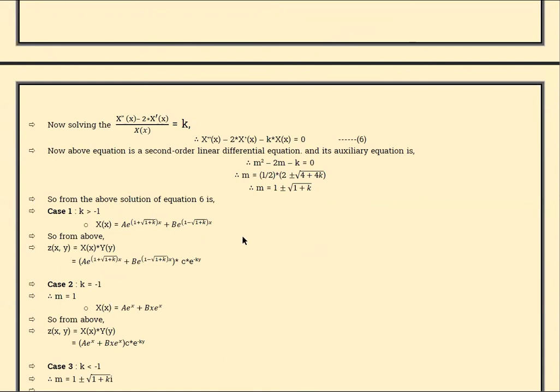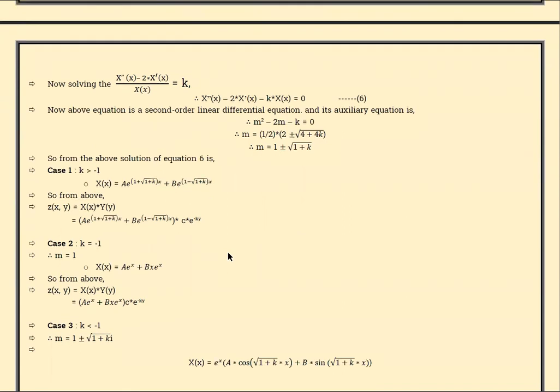So z is equal to a into e raised to 1 plus under root of 1 plus k into x plus b into e raised to 1 minus under root of 1 plus k into x, into c into e raised to minus ky, for all k.